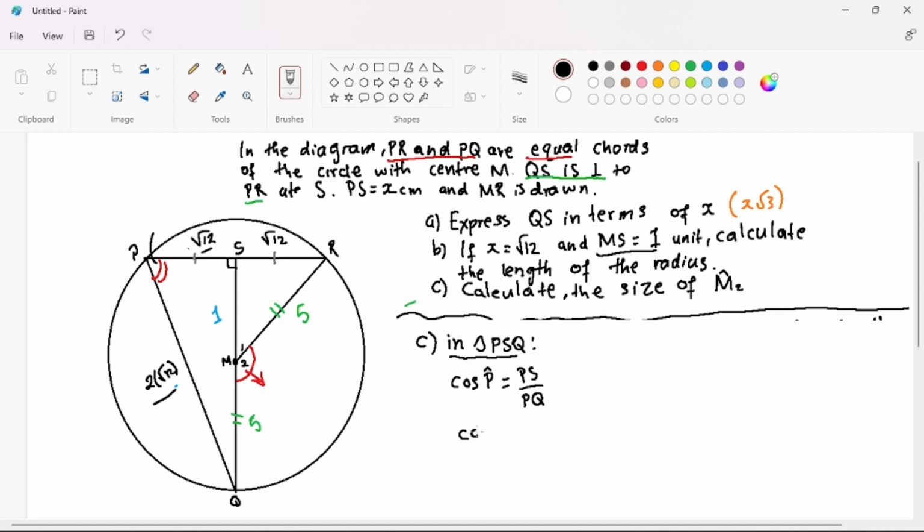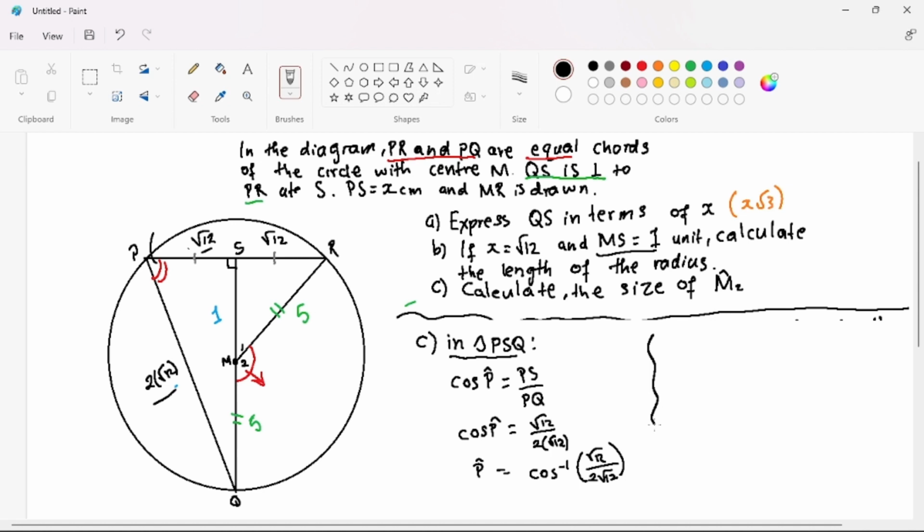And then we are going to substitute on our next step. So our PS is going to be root 12, and our PQ is going to be 2 multiplied by root 12. Hopefully I'm making sense, guys. So P is going to be the arc cos of root 12 over 2 multiplied by root 12.